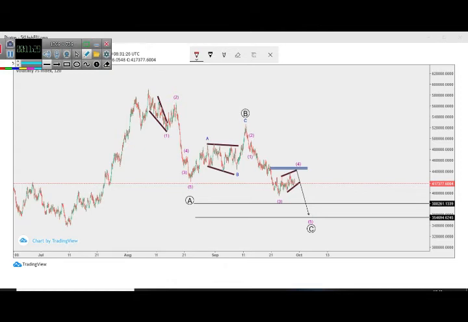The second scenario, what I have is something like this. An A, we're going to label it an A. Let me do this. Then we have a 1, 2, 3. This is the first scenario.